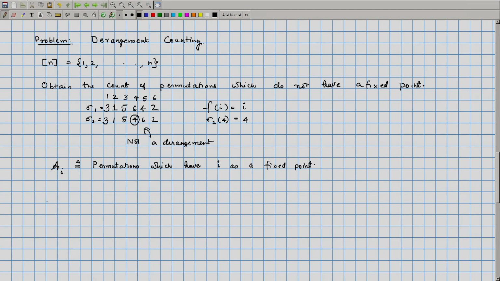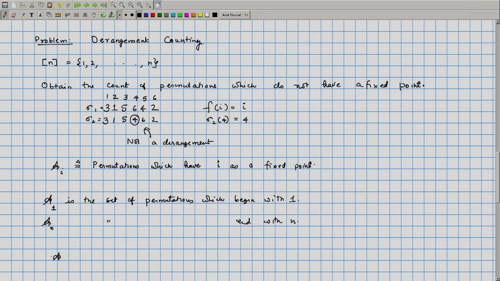A1 would basically be all the permutations which start with 1, and A_n will be the set of all permutations which end with n, and similarly for every other thing.